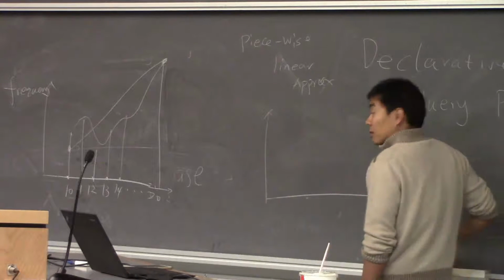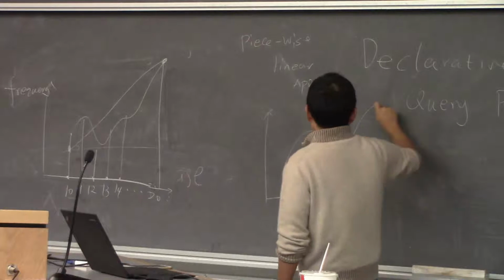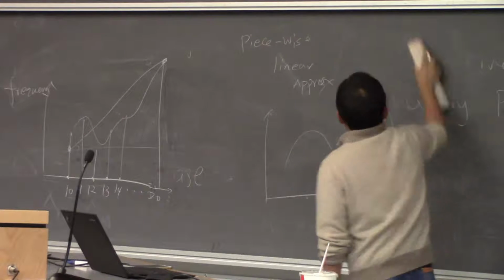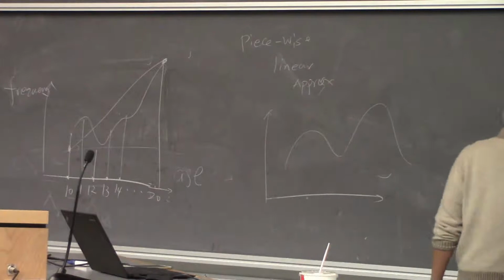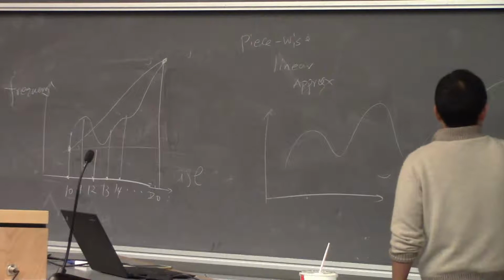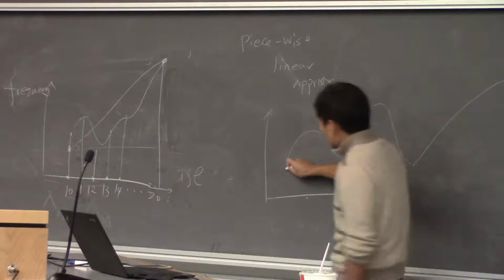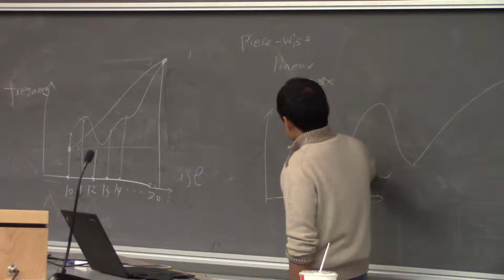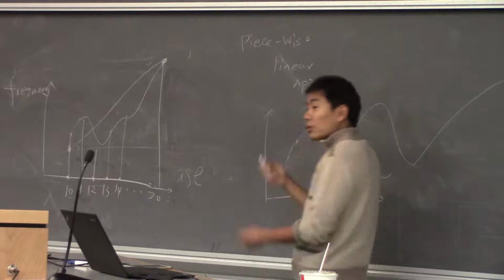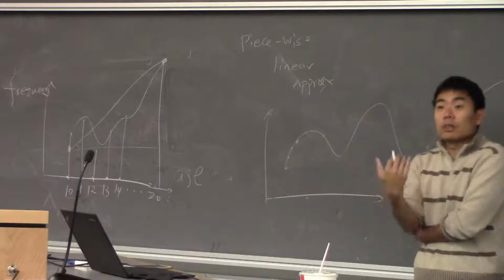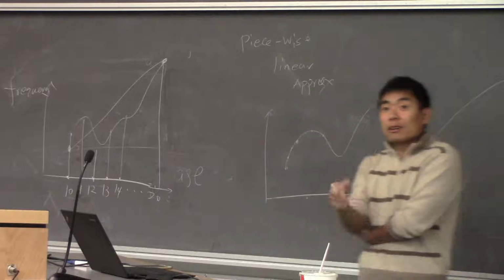So suppose you have a curve like this. To remember this curve exactly, you need linear space, linear to the number of points on the curve. Suppose the curve has this many points, you need to remember every single point to know the curve exactly. That obviously is very expensive.